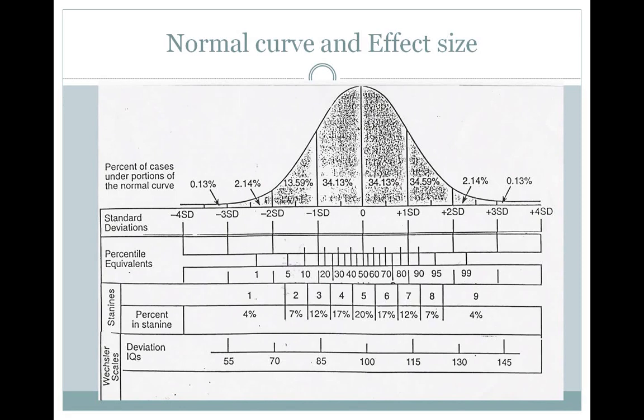So if you see that little hash mark halfway up between 0 and +1 standard deviation, and you look down below, it's about the 70th percentile. So instead of the control group being at the 50th percentile, which is where they would be placed in this kind of effect size study, the treatment group would be at the 70th percentile.